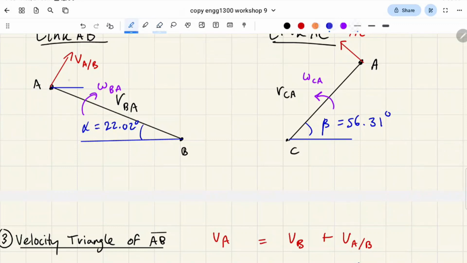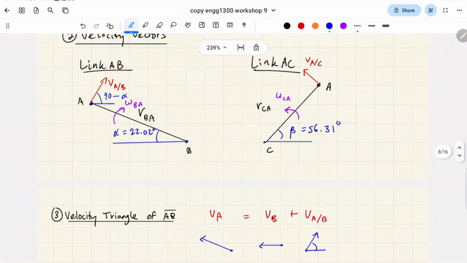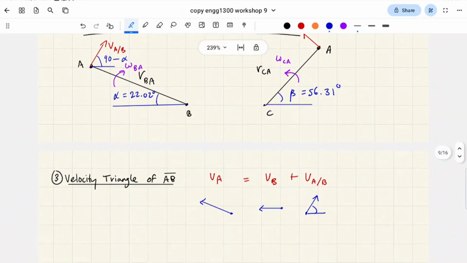But this is 90 minus alpha, okay? And that's what I'm trying to represent here. So remember, the velocity vector isn't the lever arm. I don't really know what to call it. Yeah, it's not the r vector, right? It's perpendicular to it, and so you can't make that mistake. So yeah, this is 90 minus alpha pretty much.